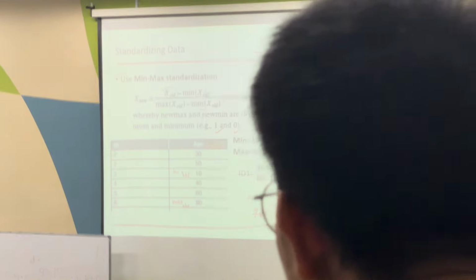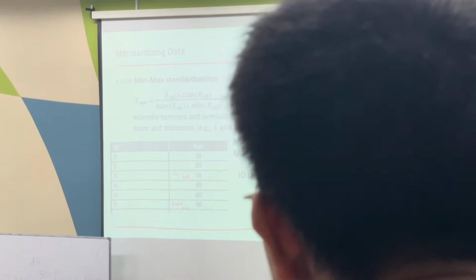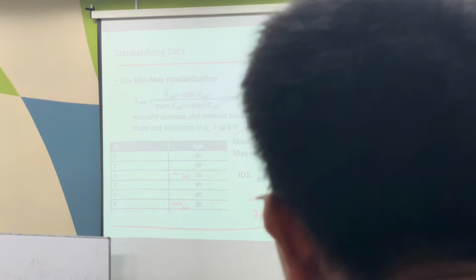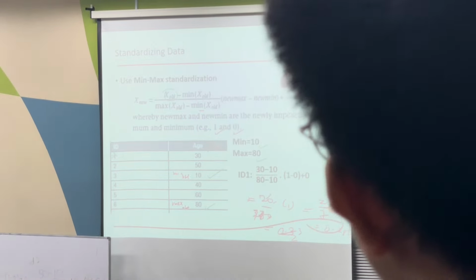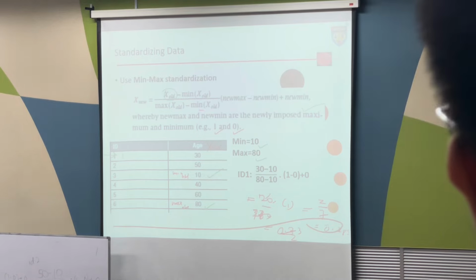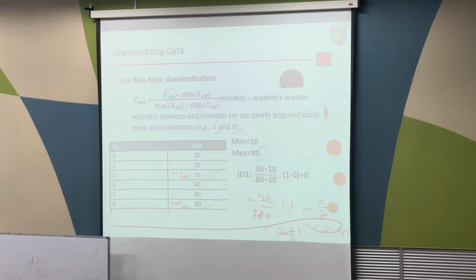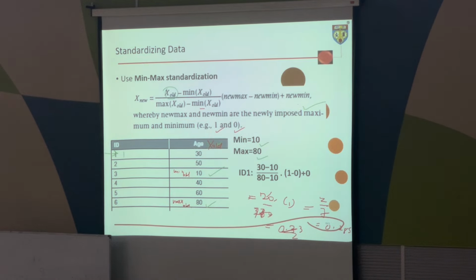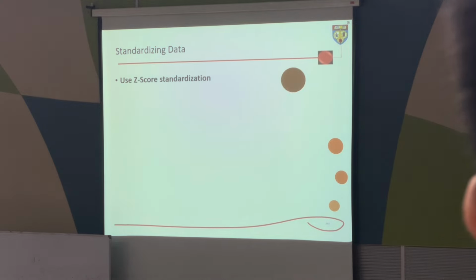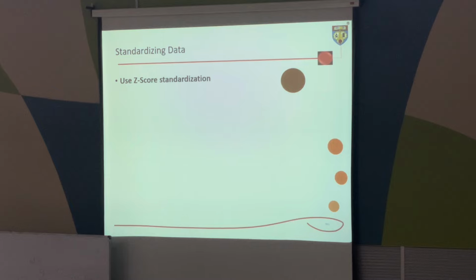Number 4 is 0.429, number 5 is 0.714, and number 6 is 1. The question gave new max and new min as 1 and 0, so just plug them in.